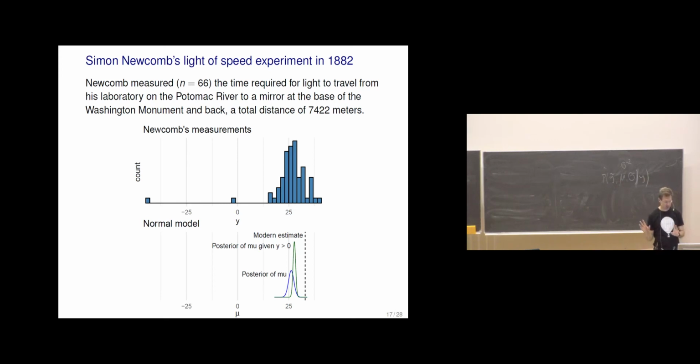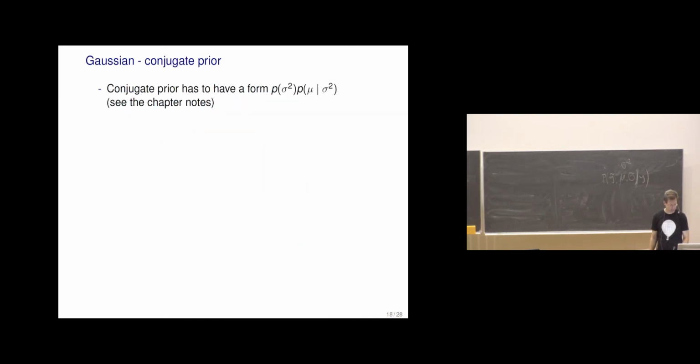But we come back to model checking, and we come back later in the discussions to how well we can do depending on the data. So I started the second half already mentioning the conjugate prior, and here's a bit more.